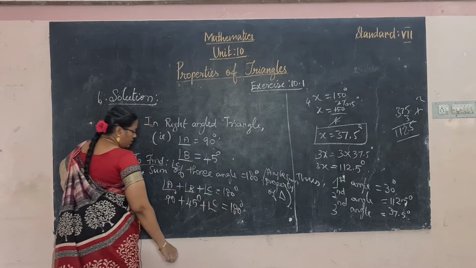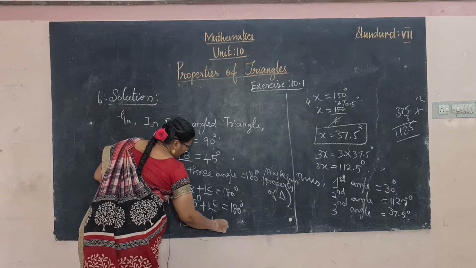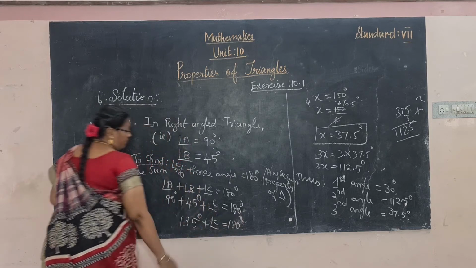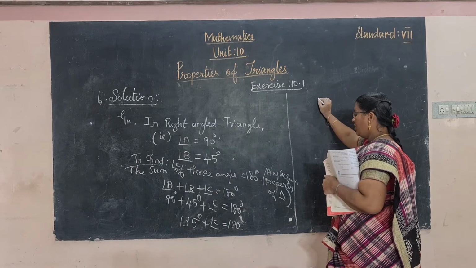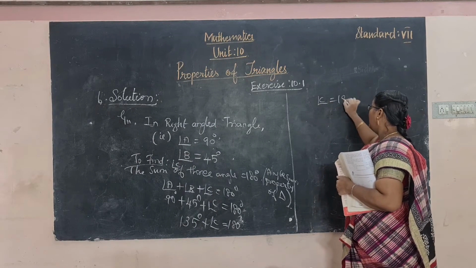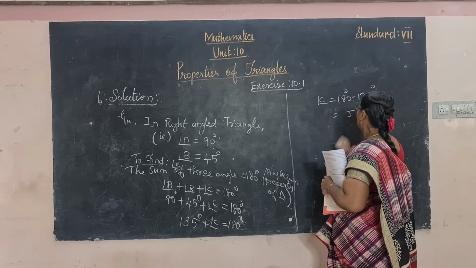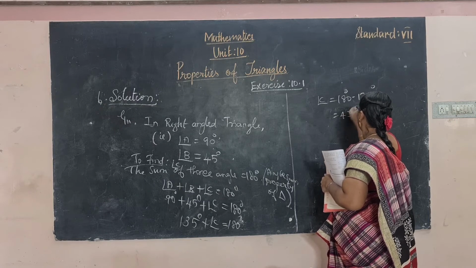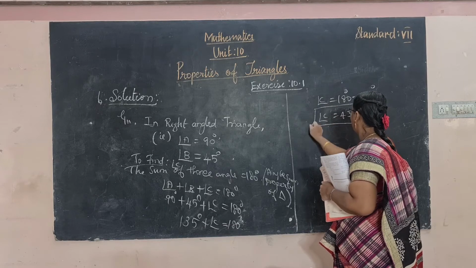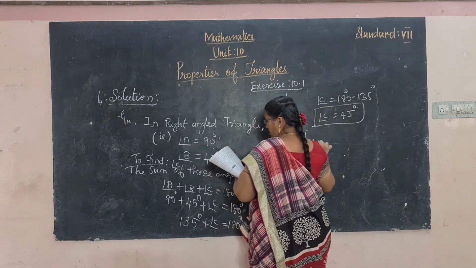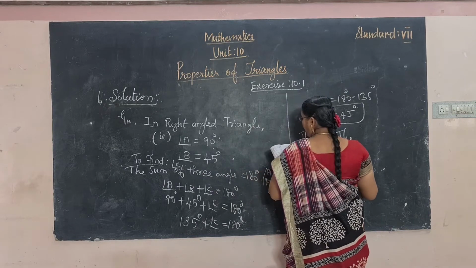Add these two values, 135 degrees. So angle C is equal to 180 degrees minus 135 degrees. Subtracting, we get angle C is equal to 45 degrees.